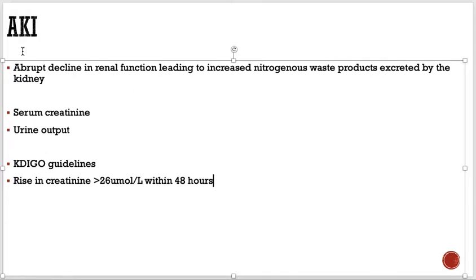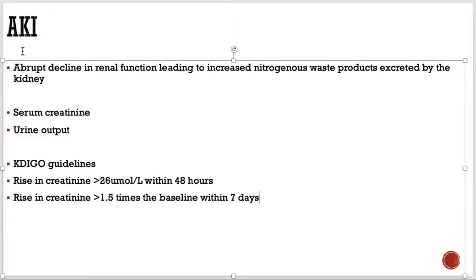Or they say the rise in creatinine is greater than 1.5 times the baseline within 7 days. So these are their guidelines.